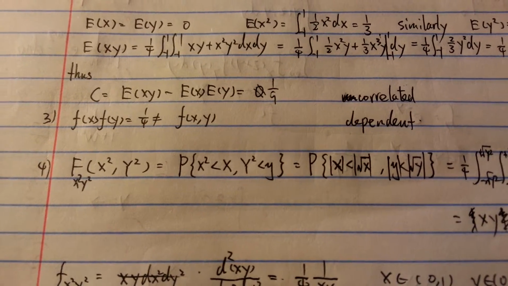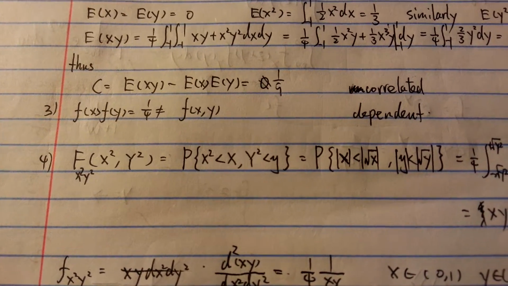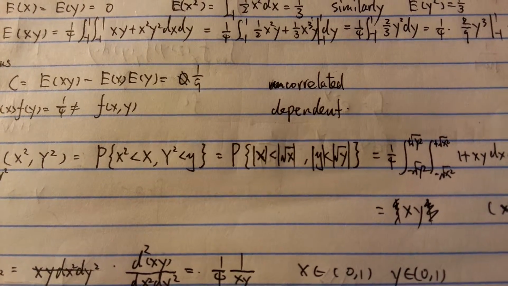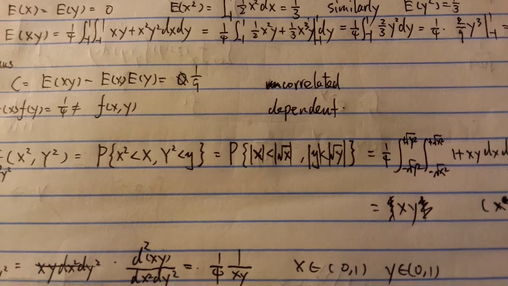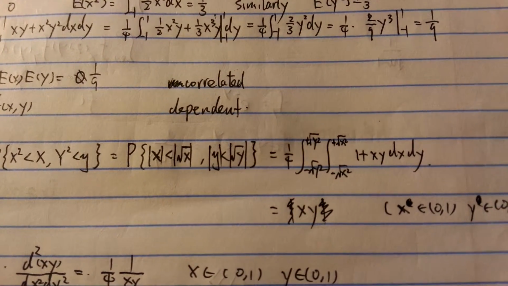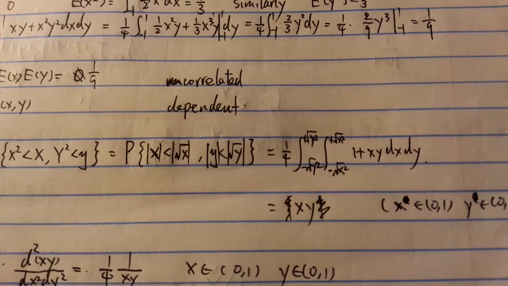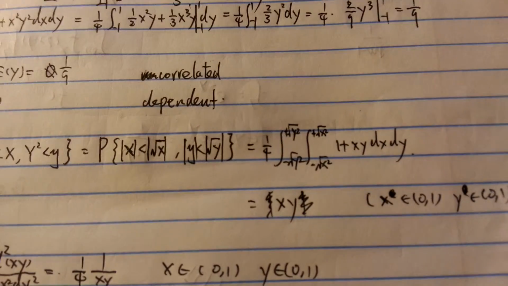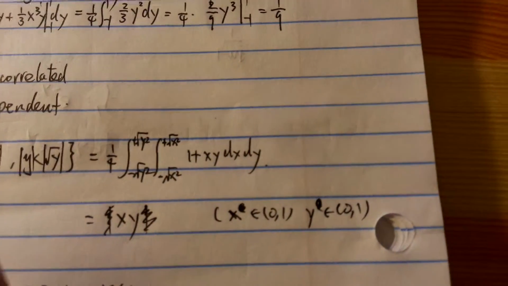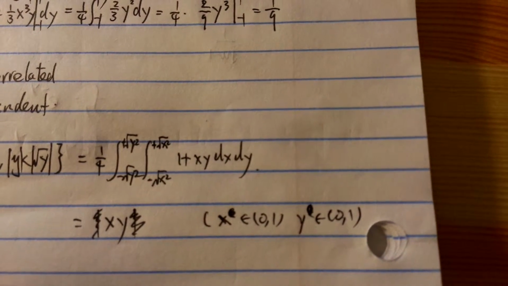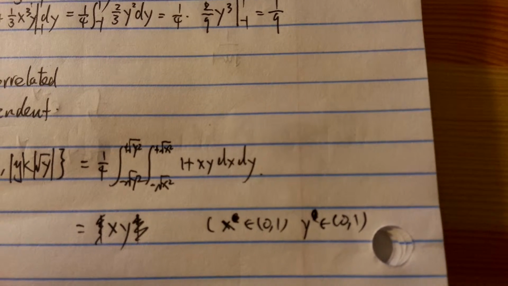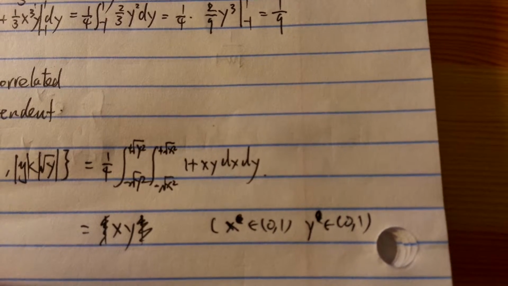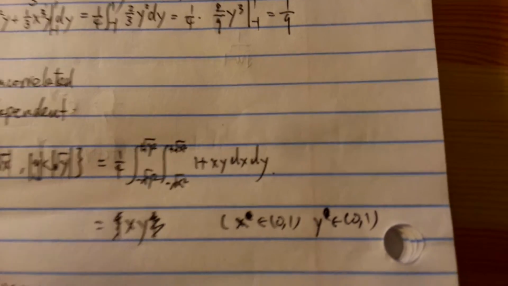For the next part, the joint distribution function of x squared and y squared is just equal to the probability that x squared is smaller than x and y squared is smaller than y. This is just the probability that X is between minus root x and root x, and Y is between minus root y and root y, and this is just equal to the integral of 1 plus xy over the region.